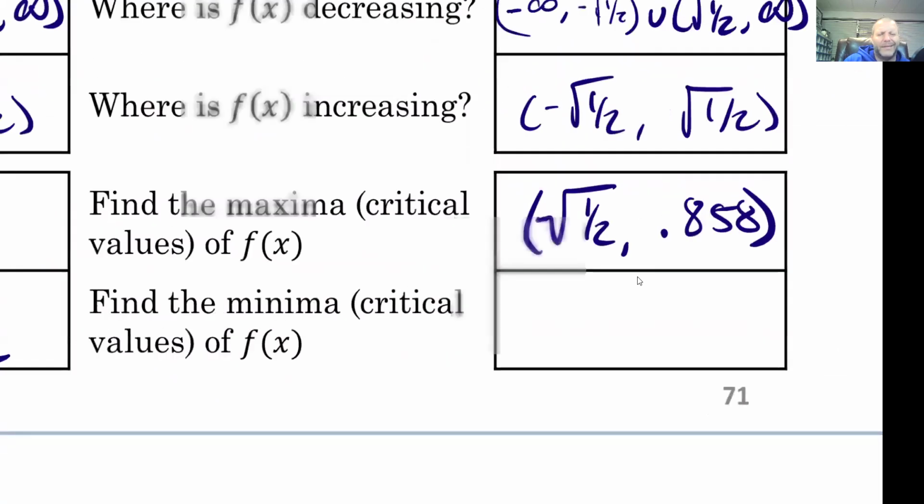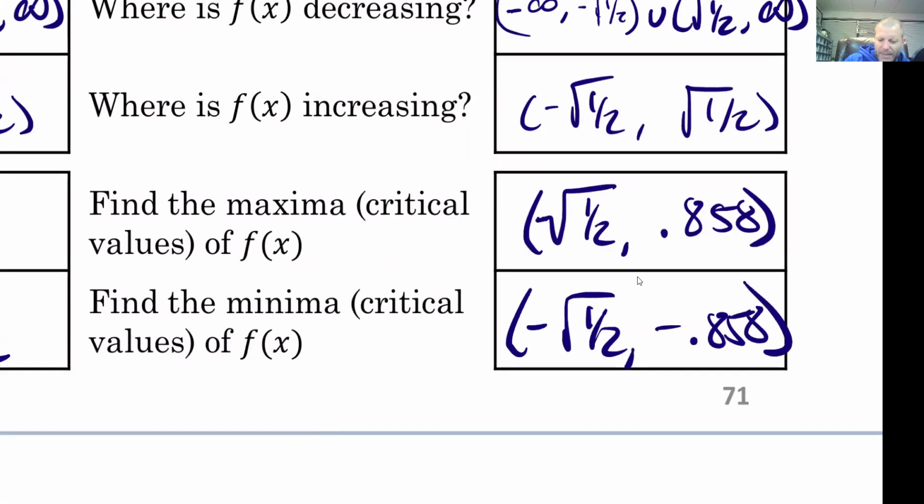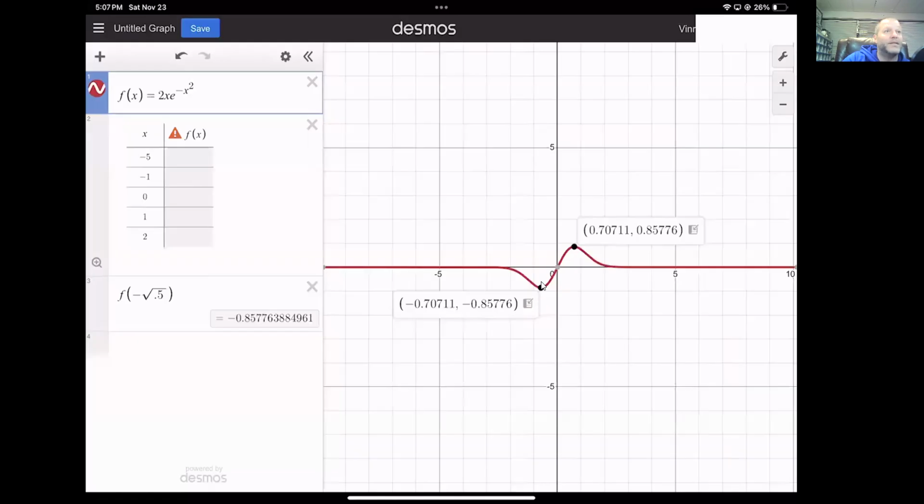That's probably like some e to the something thingy. And then negative square root of 1/2, negative 0.858. We have some symmetry to this function, some oddness to this function.